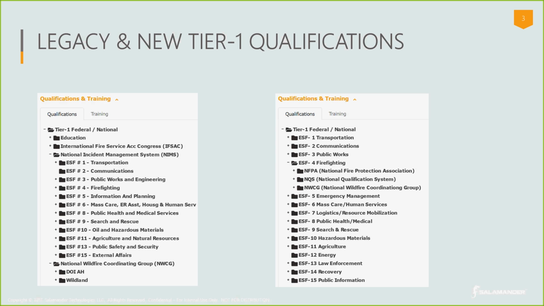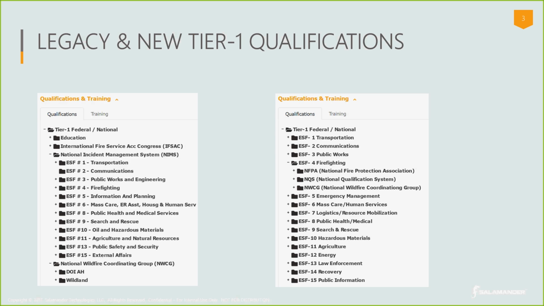So on the left-hand side, you'll see, as an example, ESF 1, I'm sorry, that's the old version there, excuse me. On the right side, you'll notice in ESF 4, you have NFPA, the National Fire Protection Association.